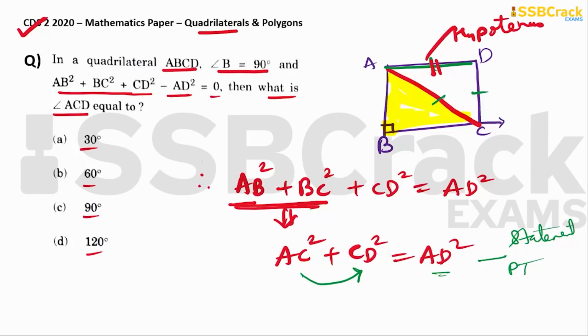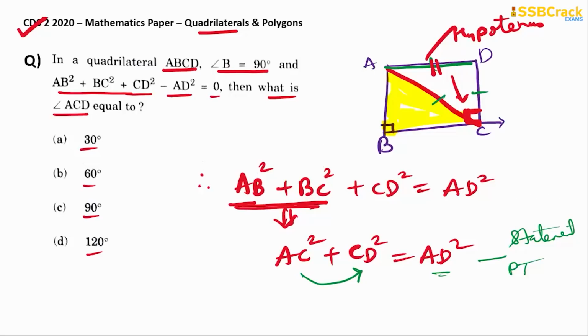So this has to be the hypotenuse, which means the opposite of this is C. So angle C has to be 90 degrees. Don't think that since I drew the figure, C is not looking like 90. It was a random figure as per the question. So as per the geometrical condition provided in the question, triangle ACD is also a right angled triangle.